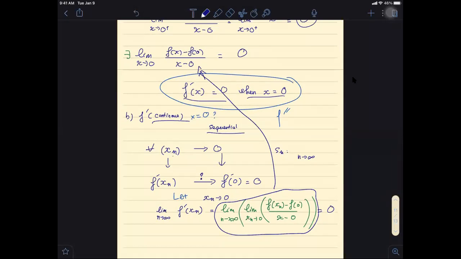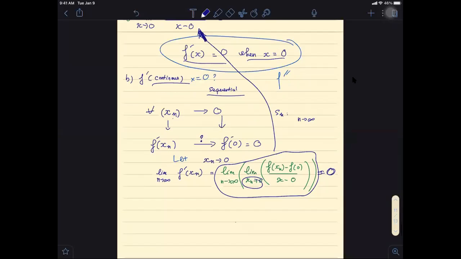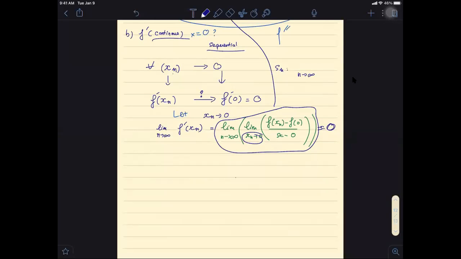Yes, definitely. Because if the limit is x going to 0, it means you're looking at a sequence x_n that approaches 0. This is the same thing, a sequence of x approaching 0. Pretty much very easy.